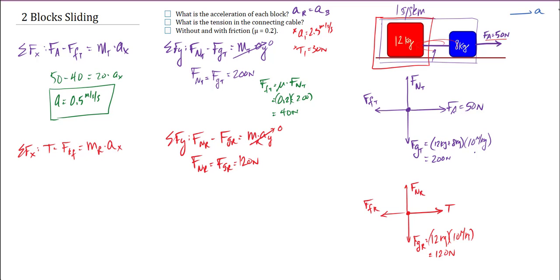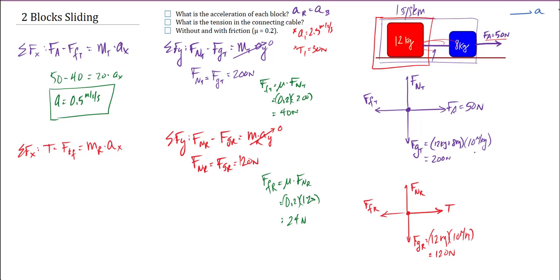Now let's jump down to our red object to find our new tension force in the cable. We have to find the red object's friction force first. That's going to be the coefficient times the red object's normal force, so 0.2 times 120. That gives us 24 newtons of friction force.